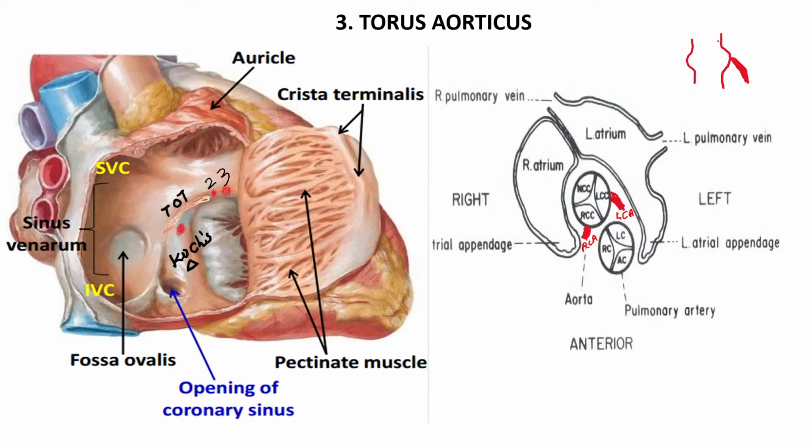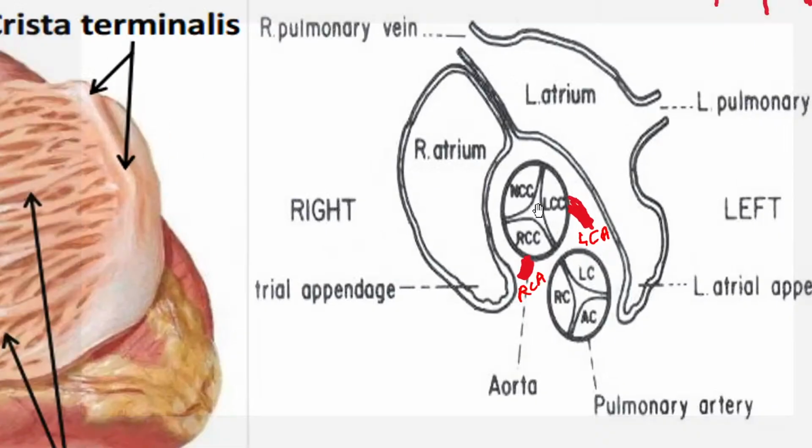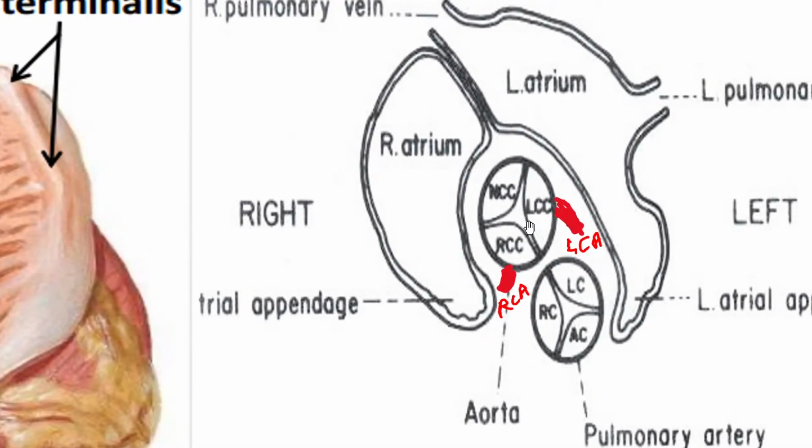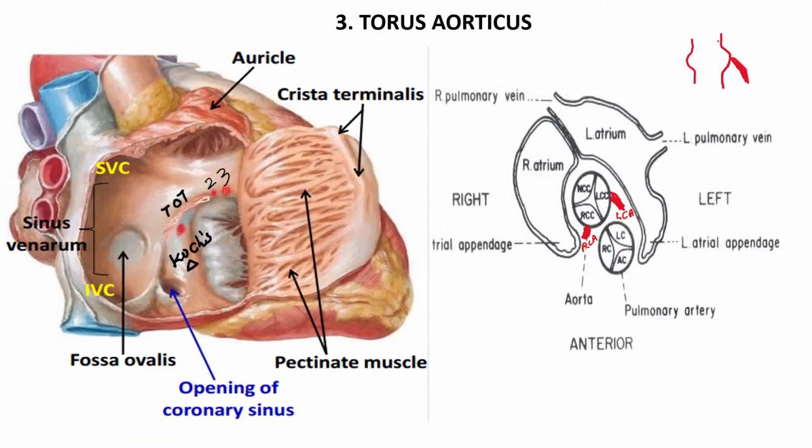The number 3 which has been marked is the Torus Aorticus. By the Torus Aorticus, we mean the non-coronary aortic sinus. As we know, the aortic opening is guarded by a semilunar valve, which has 3 cusps, and opposite the cusps the aorta shows dilatations like this. These are named the sinuses, and from these sinuses the coronary arteries take origin.